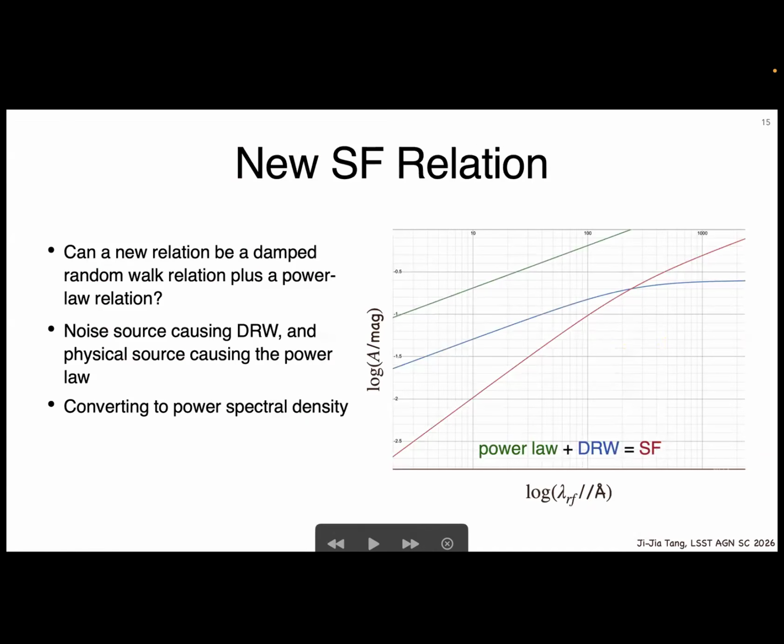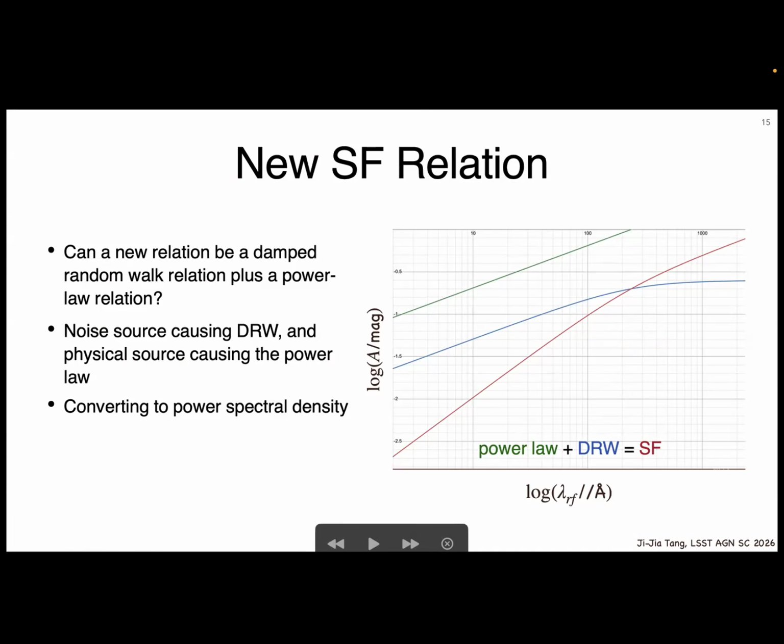But I'd like to propose a new way to describe the structure function. Because in Fourier transform it can be additive, we can have a damped random walk, that's the blue curve there, plus the power law, the green line, and that can become the bending power law of the red structure function, and they can describe our data.